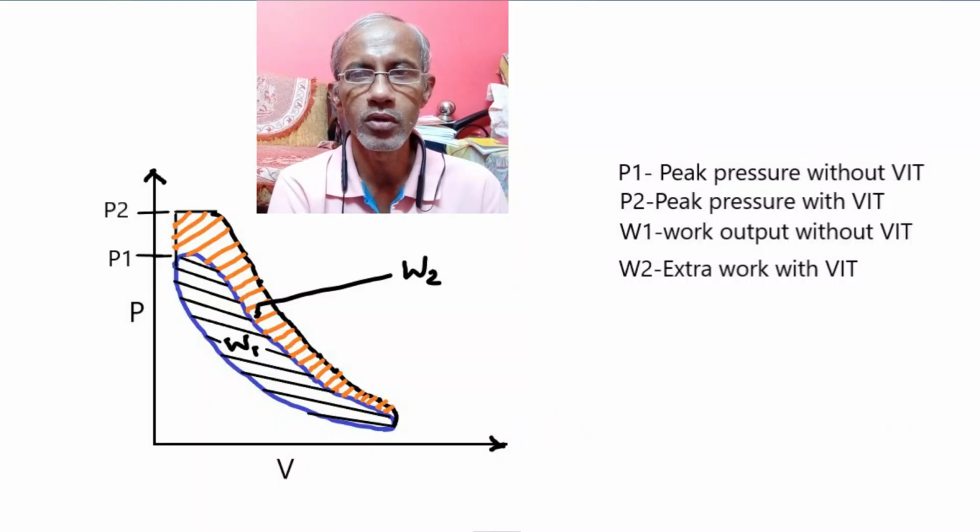Obviously, it is of use and beneficial to use the VIT arrangement, because we saw that the peak pressure has been increased from P1 to P2, and the duration for which the peak pressure lasted, in the form of a sort of average pressure, is now more, obviously by a greater amount than what it was in the previous timing.